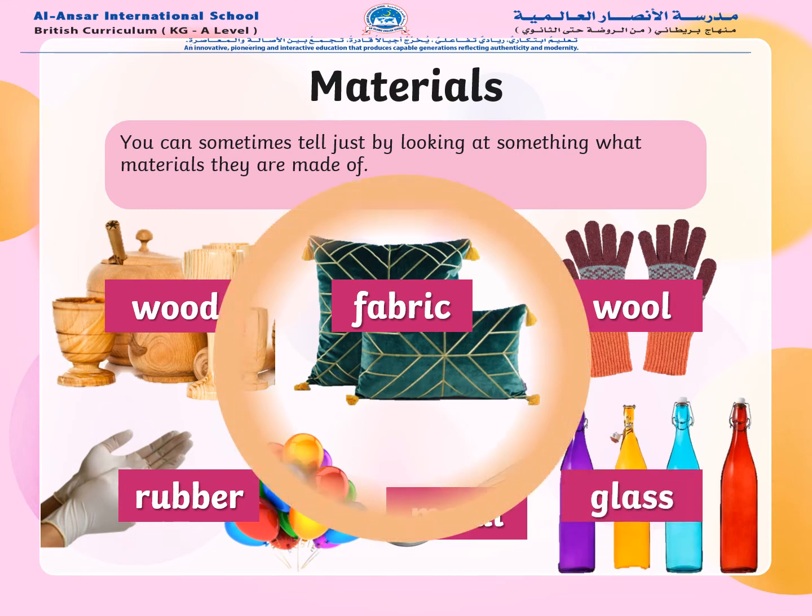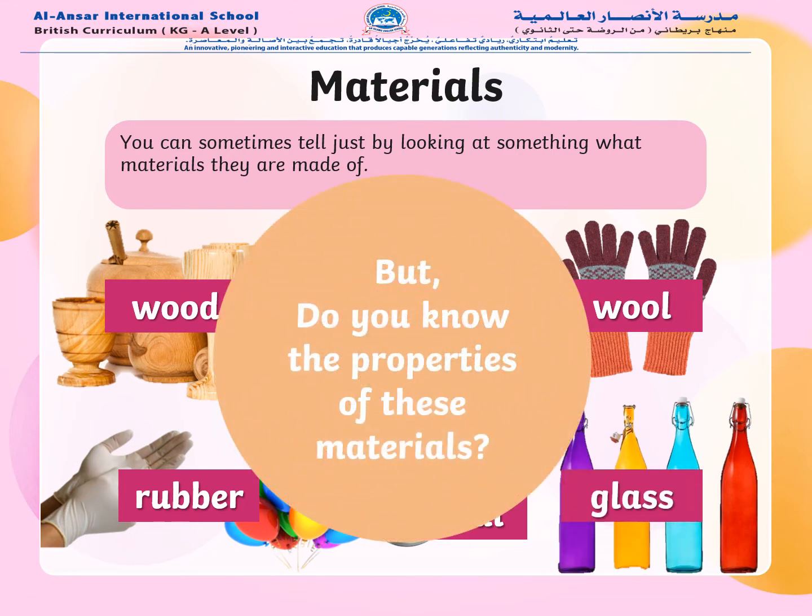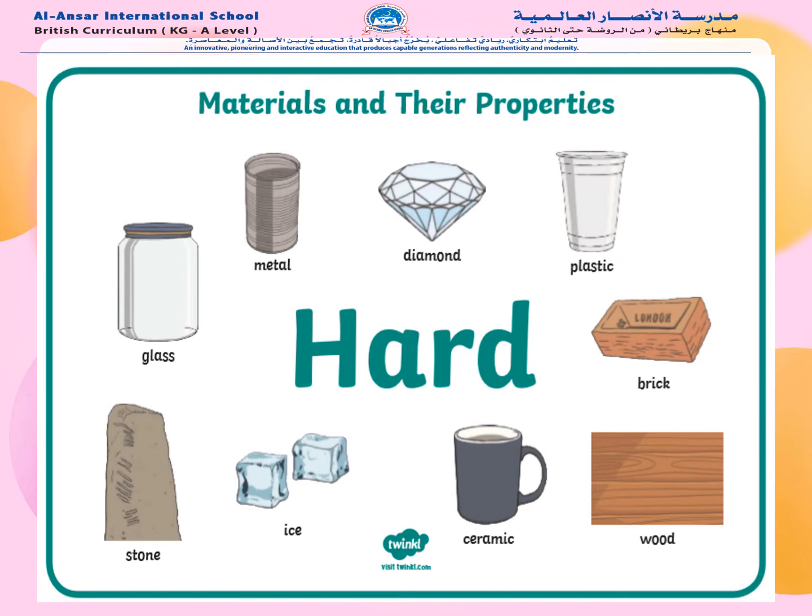But do you know what are the properties of these materials? So today we're going to talk about what are the properties of these materials. Let's have a look. All of these things are hard when you touch them. So recall your five senses.